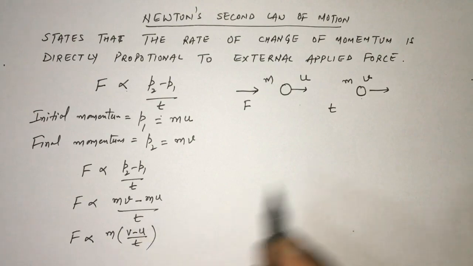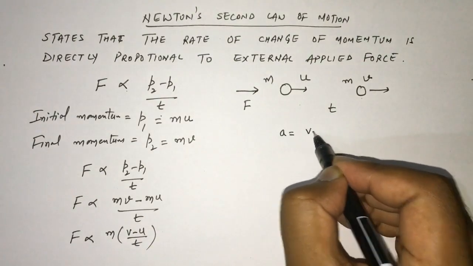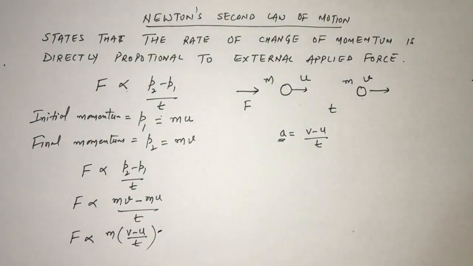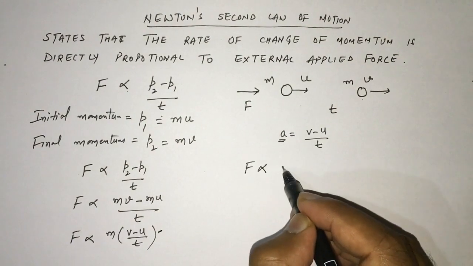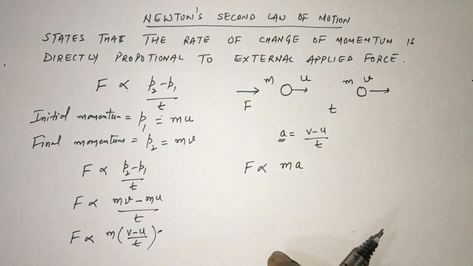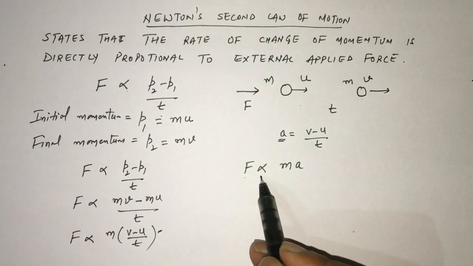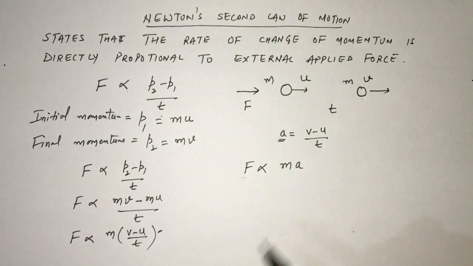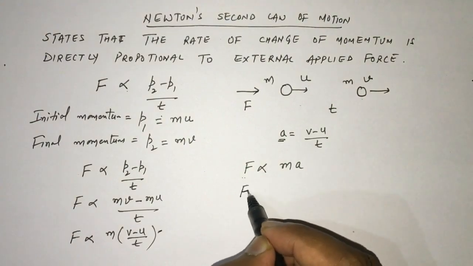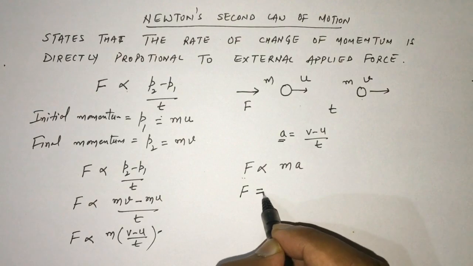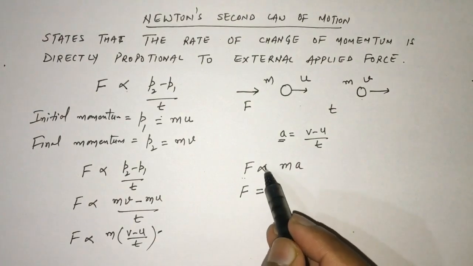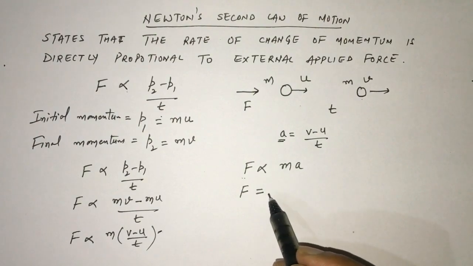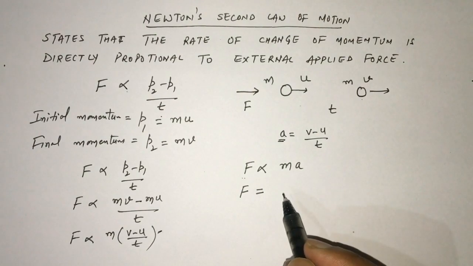Now look at this. We have the formula of acceleration, that is (v minus u) upon t. Now put the value of this acceleration in this equation. Now F is directly proportional to m into a. Now F is directly proportional to mass and acceleration, means F depends on mass and acceleration. Remember one thing, whenever we need to convert proportionality into equality, means proportional sign to equal sign, we need to use a proportionality constant.